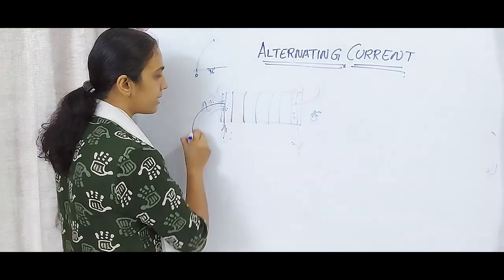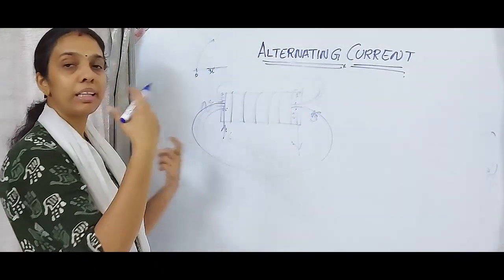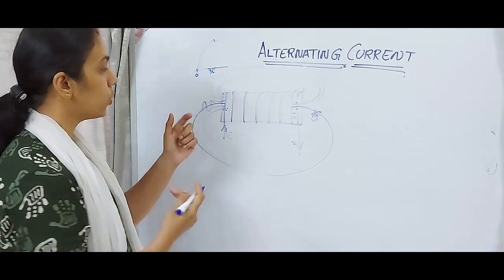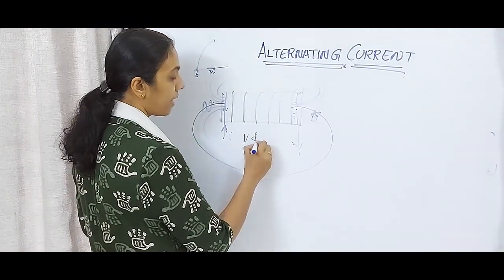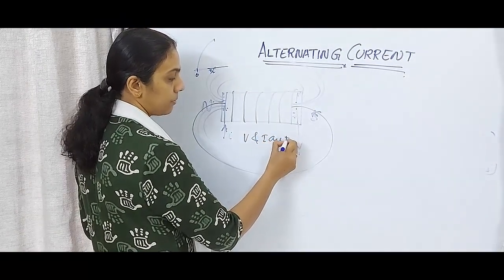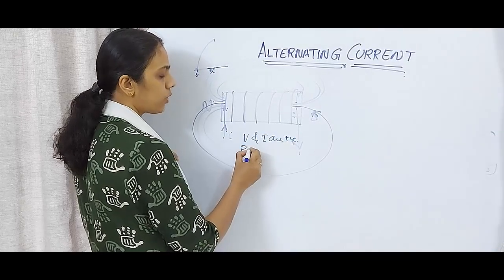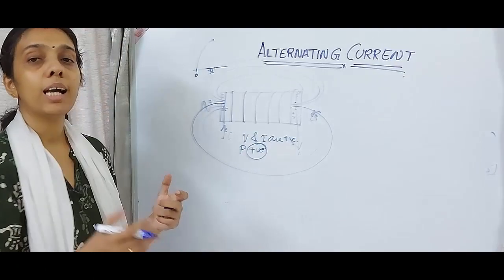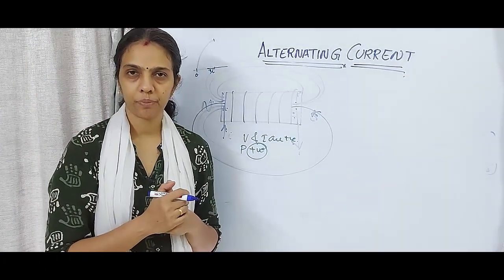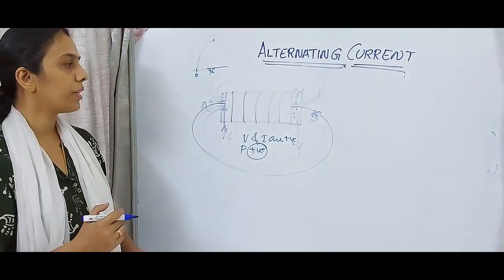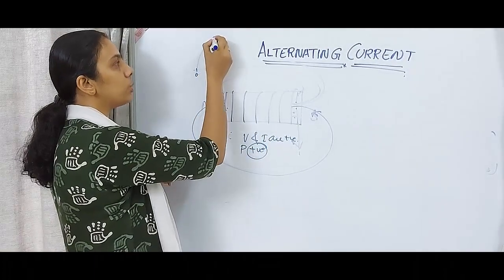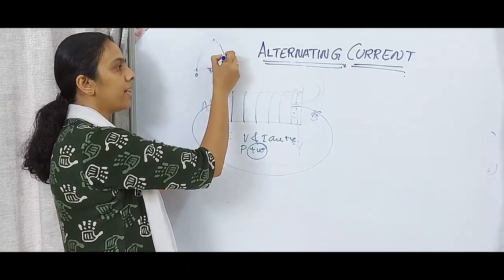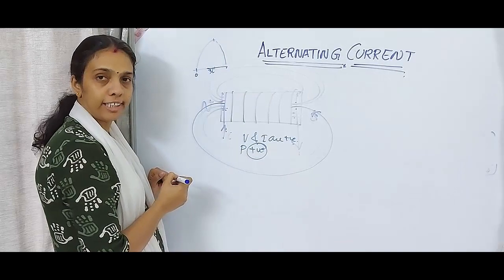So when current is increasing, the magnetic field also increases. Voltage V and current I are both positive, so the product P will also be positive. Energy is absorbed here. Then after reaching the maximum value, what will happen? Till pi it will be reducing.